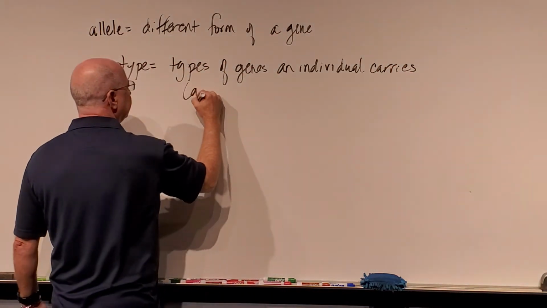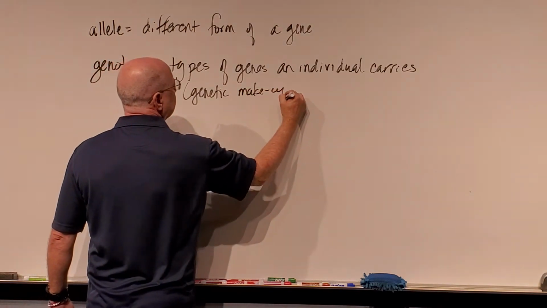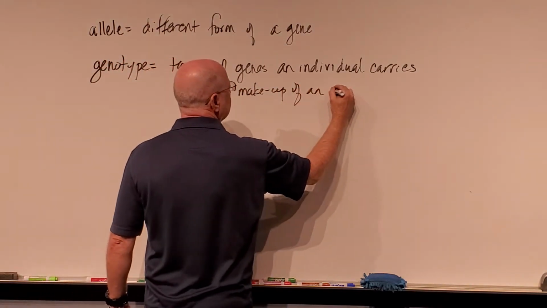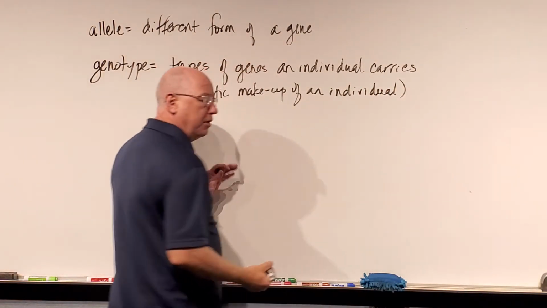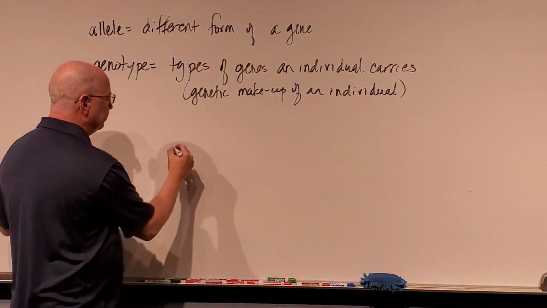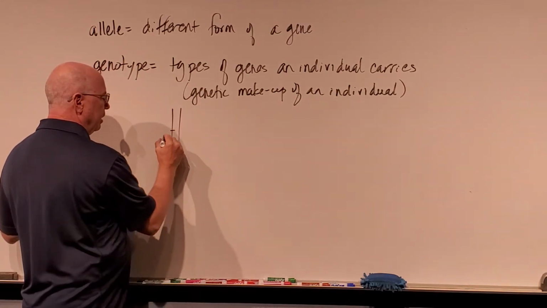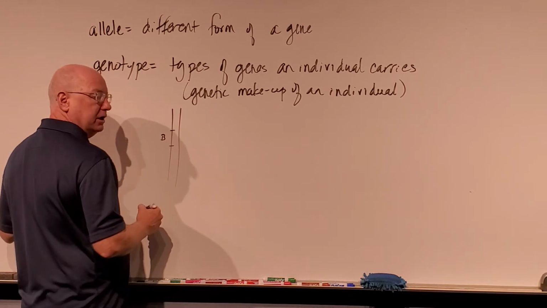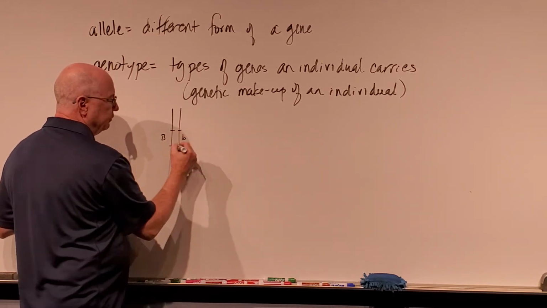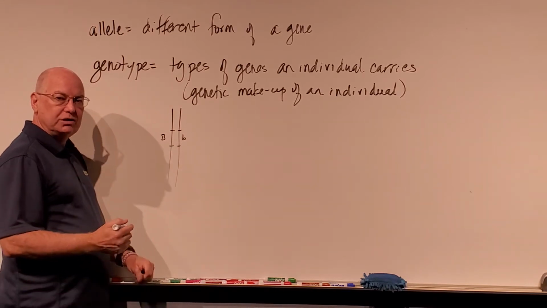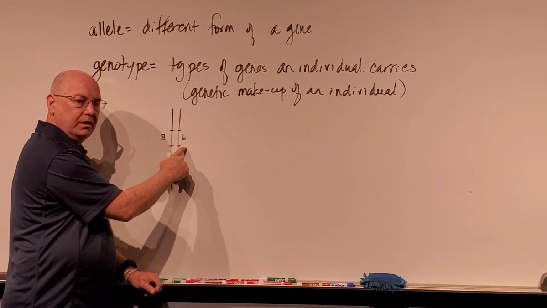Or it's the genetic makeup of an individual. It may or may not always be expressed. For example, if I have two chromosomes here, and on one of these chromosomes I have the information or series of bases that codes for brown eyes, and the other allele for blue eyes, the genotype is this person has the gene for brown and blue eyes.